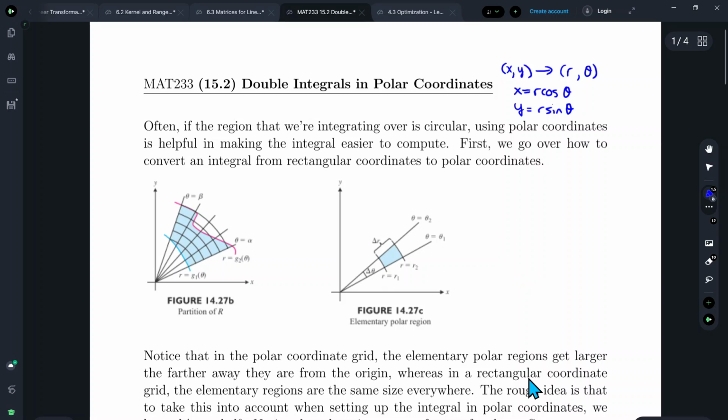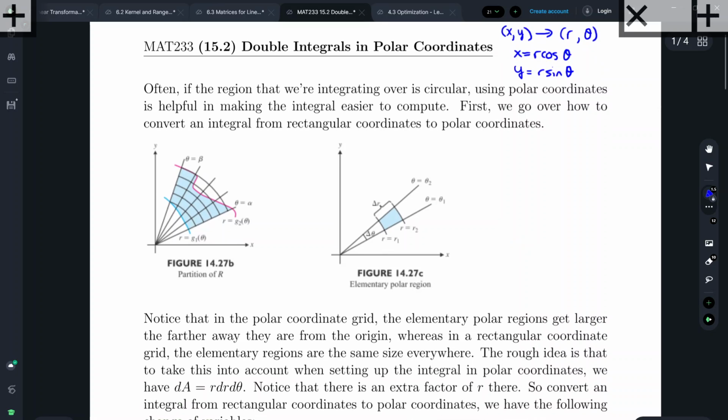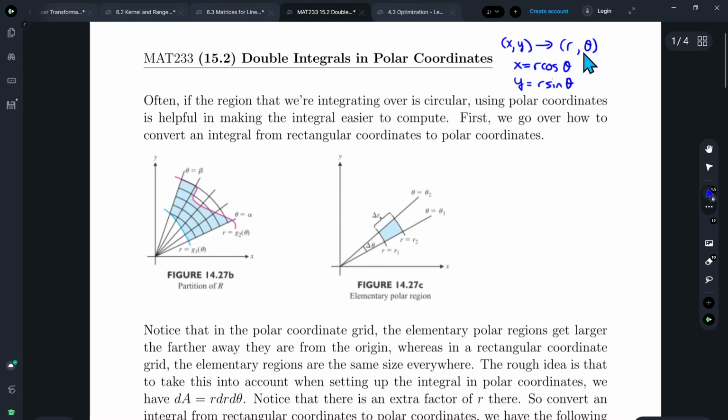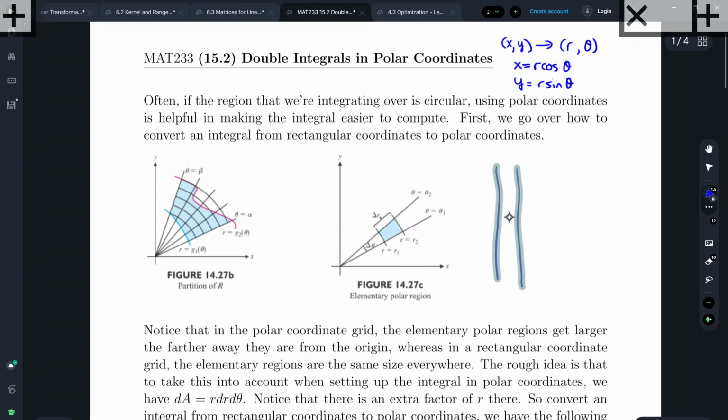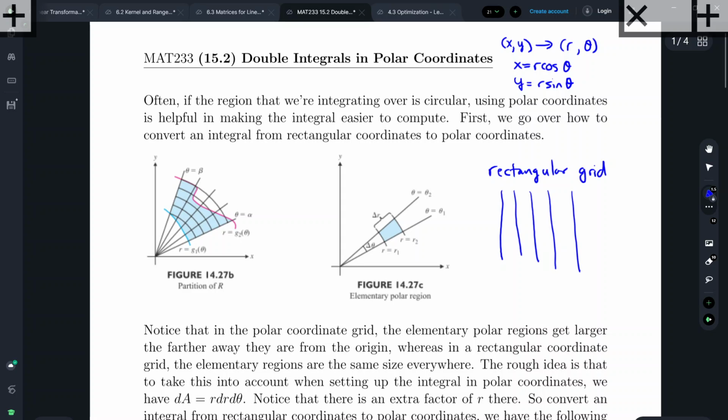And the basic idea is that if we translate from rectangular coordinates to polar coordinates, so here let's imagine a rectangular grid. I'm trying to draw this by hand.